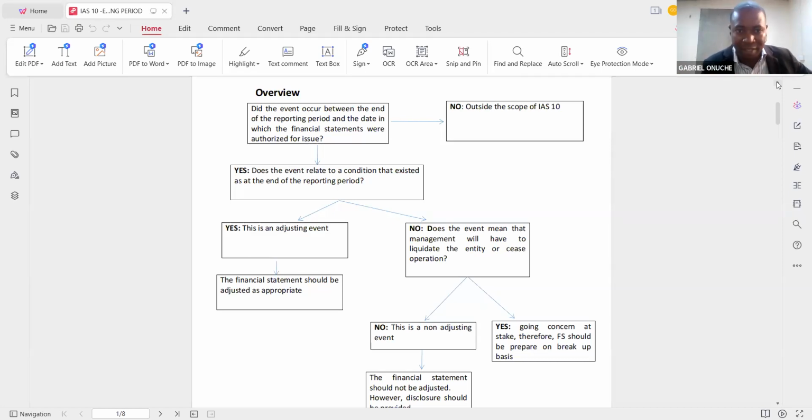I will explain a bit, but let's look at this overview for a clearer view. So I said the event occurs between the end of the reporting period and the date in which the financial statement will be authorized for issue.